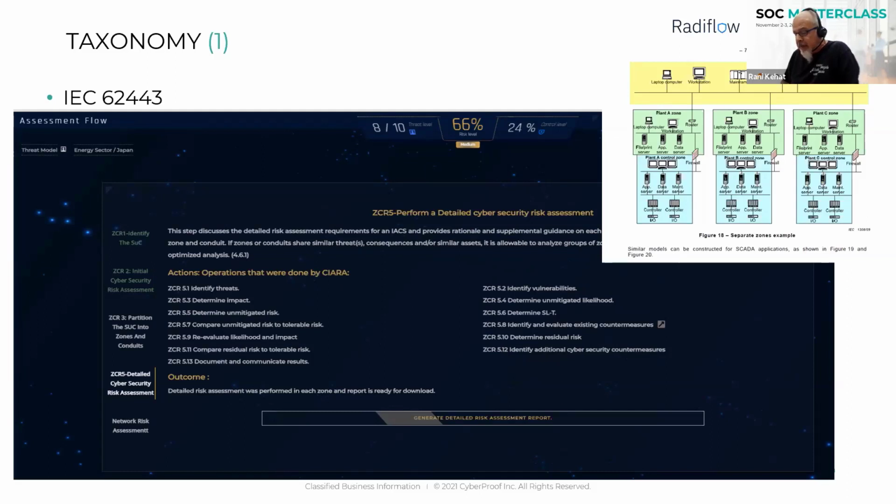Another very important aspect of dividing your production area into zones is it helps us when we do continuous monitoring of the system, when an MSP and CyberProof and the guys look at the system and need to understand and monitor the system. We define certain key risk indicators in that system. For example, a conduit between zones is for us a key risk indicator.